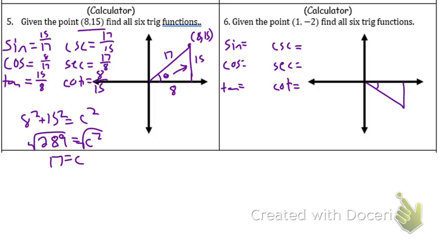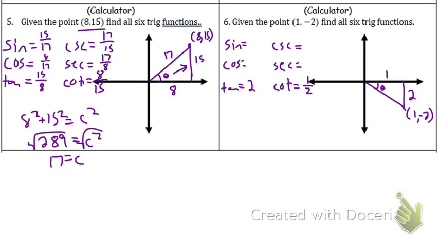I'm going to draw my reference triangle. Here's theta. I'm going to label what I can. This point is 1, -2, so my y is 2, that's 1. Once again, I can label tangent. Tangent is opposite over adjacent, so 2 over 1, which is 2, which means cotangent would be the reciprocal of that, 1 over 2.